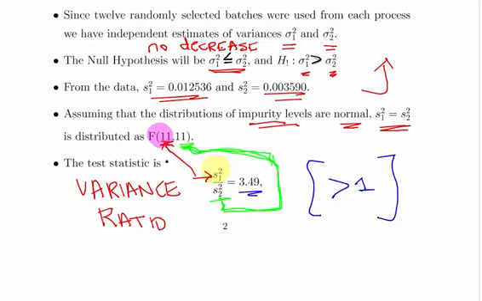Essentially what we do is n minus 1 for both. It's not particularly important in this case because they both have the same sample size, but in case they have different sample sizes, this one belongs to the numerator and this one belongs to the denominator, and it's n minus 1 of the sample sizes in both cases.